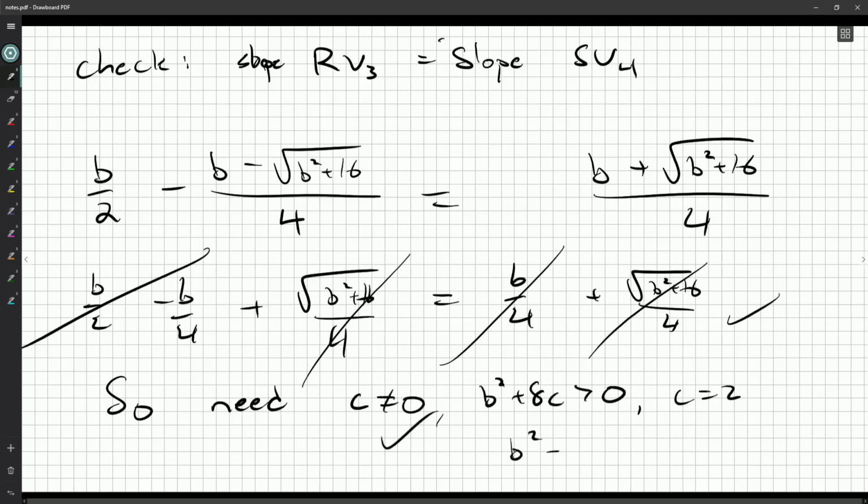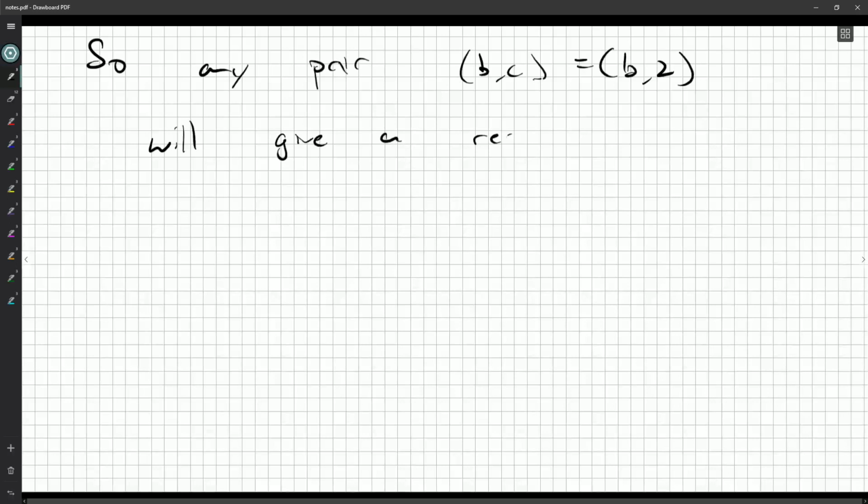Then this would be b squared plus 16 is greater than 0, but of course b squared is a perfect square, so it's greater than or equal to 0, so b squared plus 16 is greater than or equal to 16, which is greater than 0. So any pair b, c, with any b will do really, with c equal to 2 will give a rectangle.